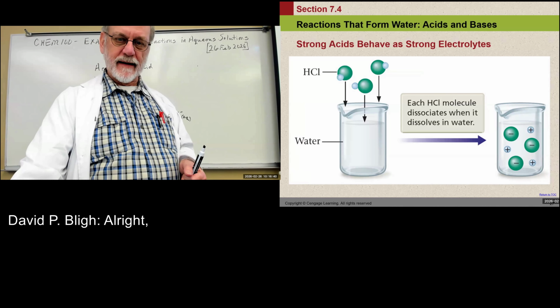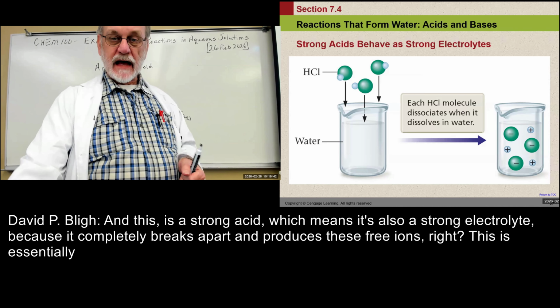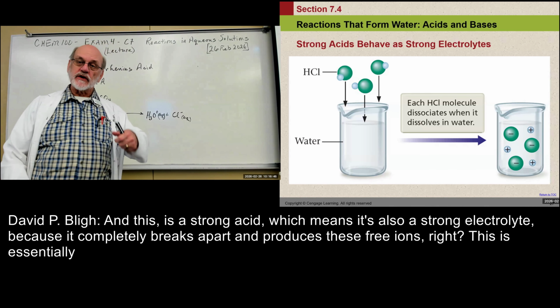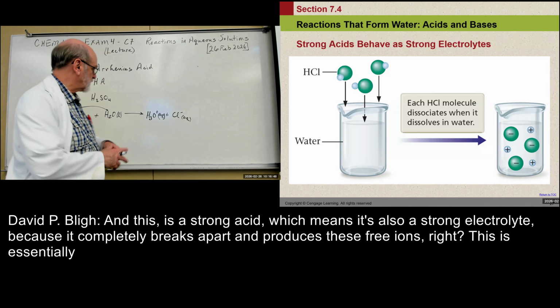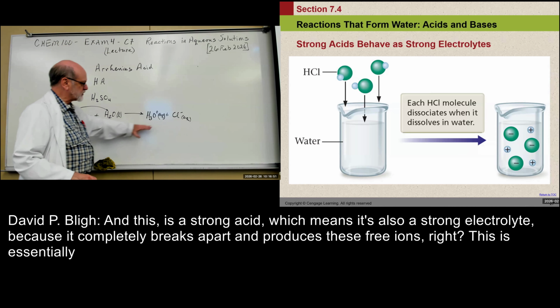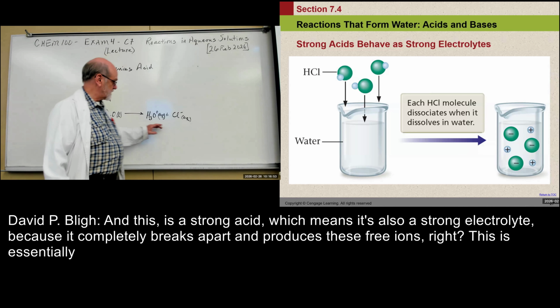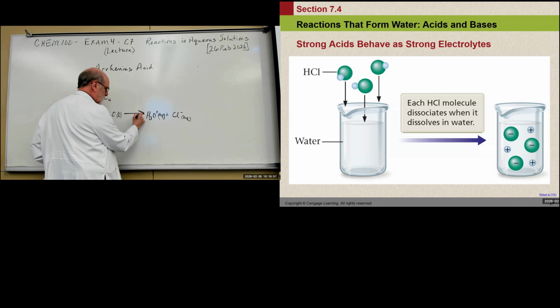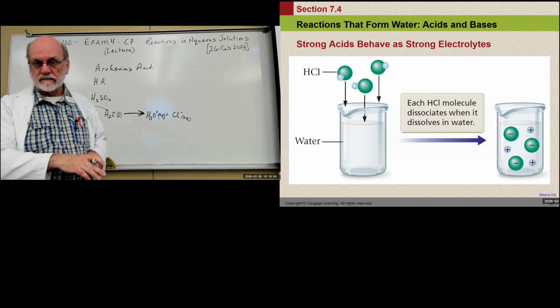All right. And this is a strong acid, which means it's also a strong electrolyte because it completely breaks apart and produces these free ions, right? This is essentially all one way.